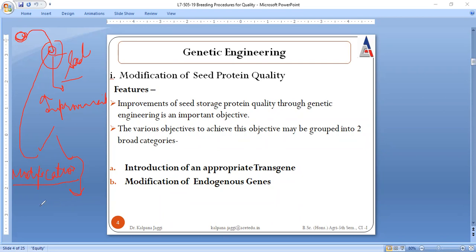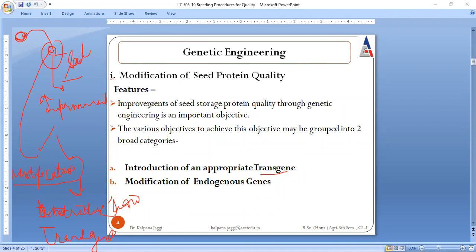That means what is being done here is the introduction of a newer gene, and whatever gene is introduced from the outside is said to be a transgene. So the second aspect is the introduction of an appropriate transgene. These are the two broad categories by which one could go for the modification of seed protein quality.